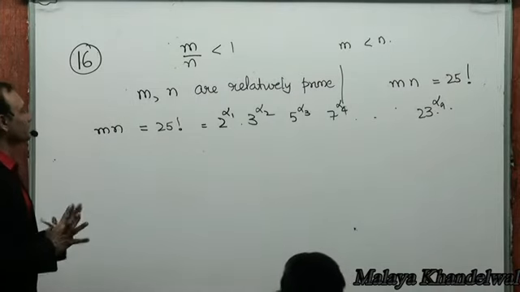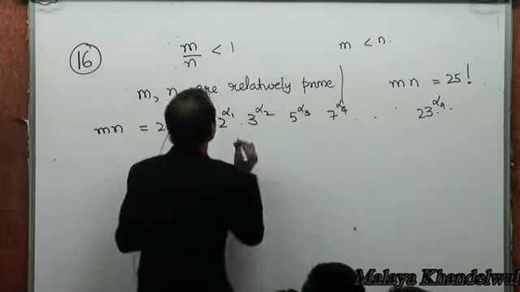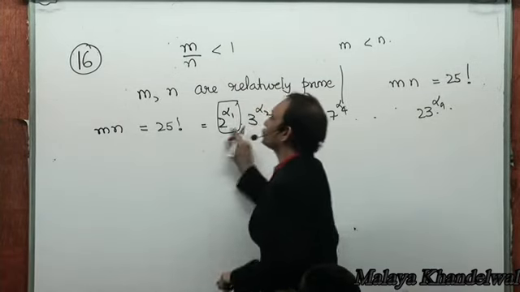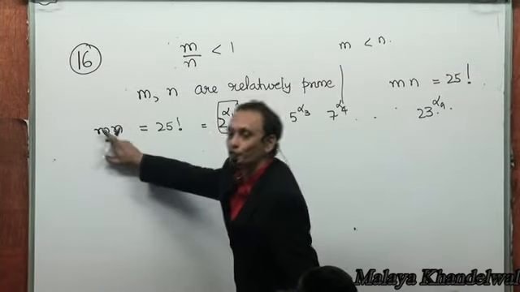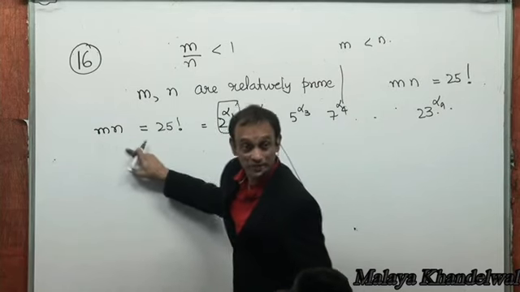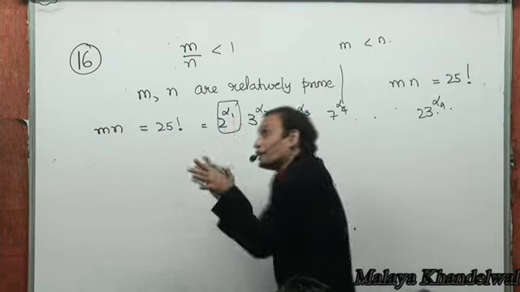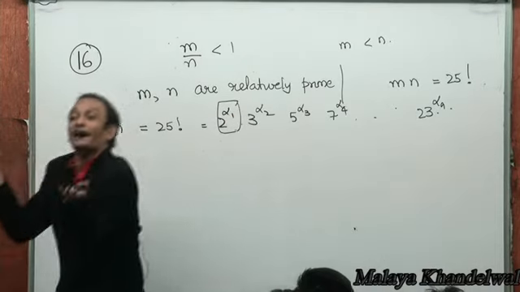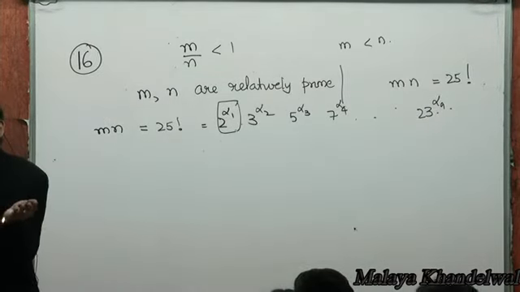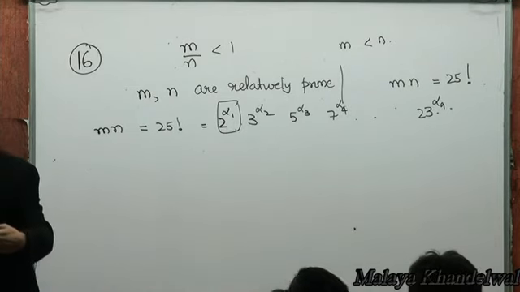Okay. Now, it's about 2 to the power alpha 1. It could either be given to m or given to n, in order that I could express it as a product. M and n are relatively prime, so it's not like I could give part of 2 to the power alpha 1 to m and part of 2 to the power alpha 1 to n. Why can't I do that? Because m and n are relatively prime.